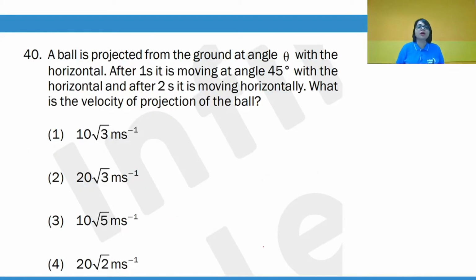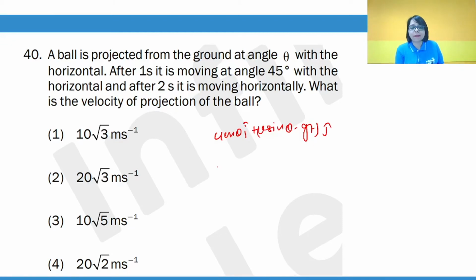Question number 40. A ball is projected from the ground at an angle theta with the horizontal. After 1 second, it is moving at an angle of 45 degrees. So velocity at any instant of the projectile motion is u cos theta i cap plus (u sin theta minus gt) j cap.